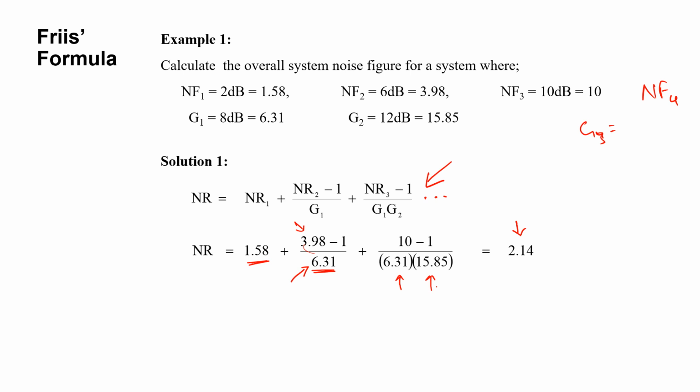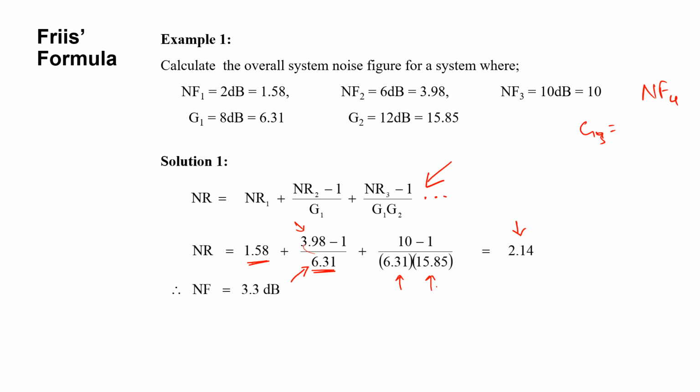So this will again be an even lower value compared to the first value. So actually the first one or two or three stages define exactly how much noise you are going to get at the output of the signal.